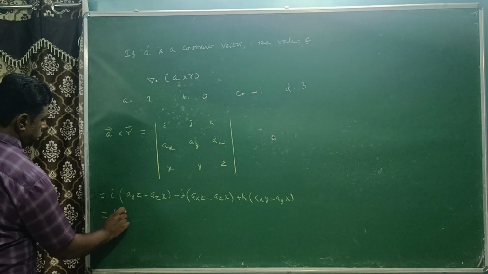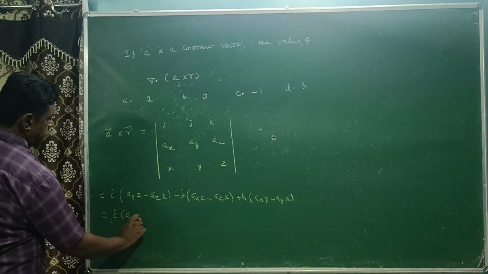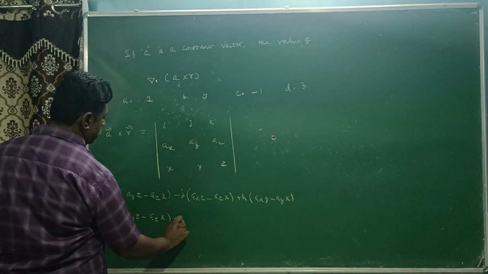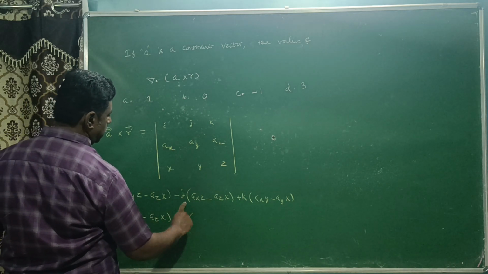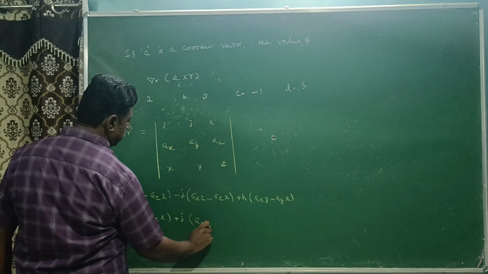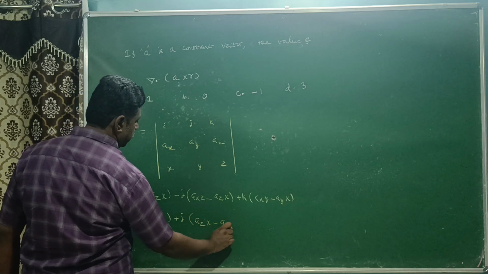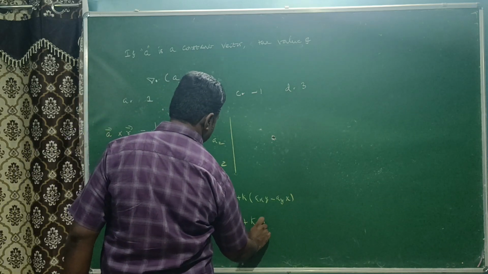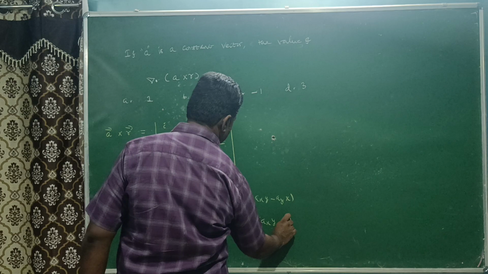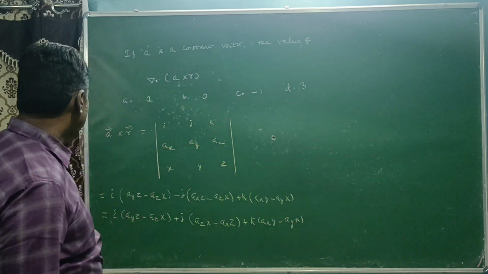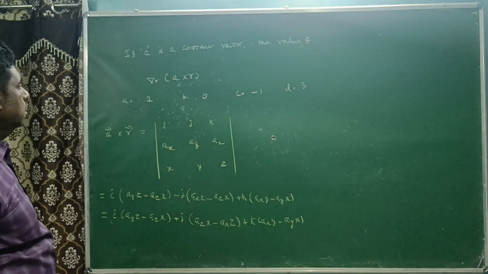This is i into (Ay z minus Az y). Just to change the sign, minus j is modified as plus j, so (Az x minus Ax z), plus k into (Ax y minus Ay x). This is the value of A cross R.